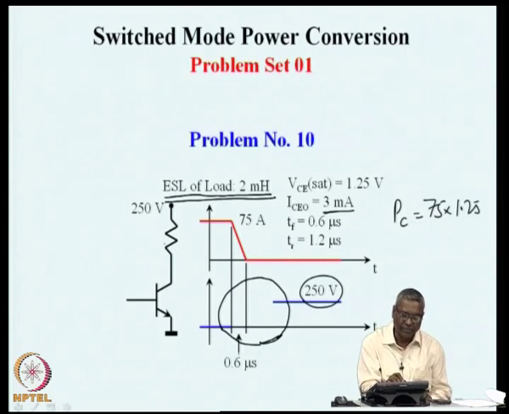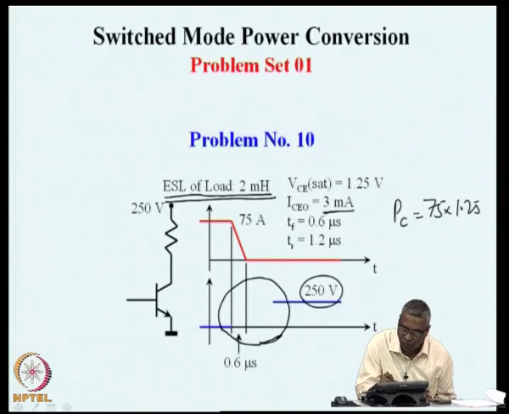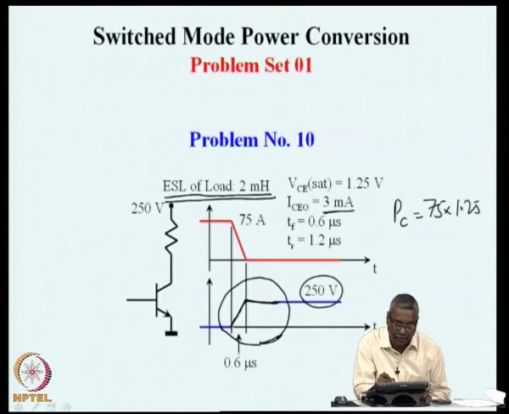If this resistor is a pure resistor, this voltage will follow a straight line and reach 250 volts. At the time when you are starting to switch off, the current is 75 amperes, voltage is 0.